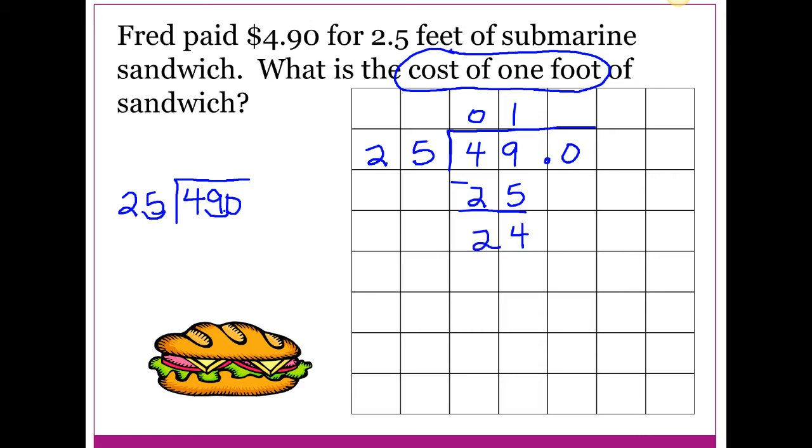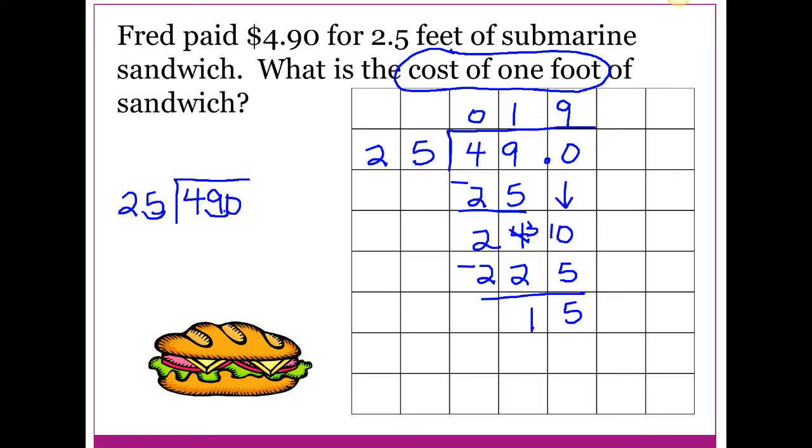I'll bring down the 0, and then I think there are 4 quarters in a dollar, and I have $2. So that's 8 quarters plus a little bit more. So I'm going to try 9. 9 times 25 would be 225. I will subtract that, and I have 15 left.